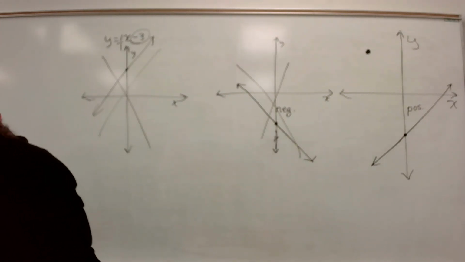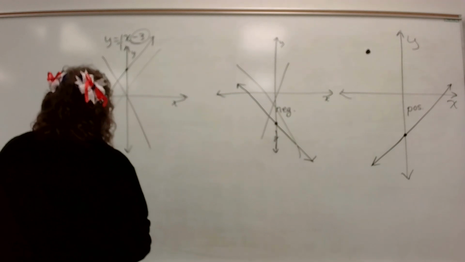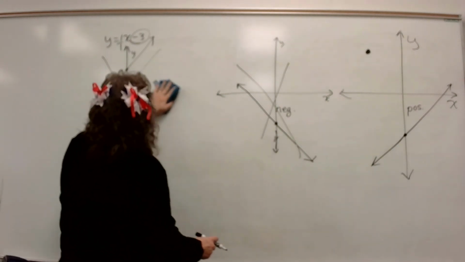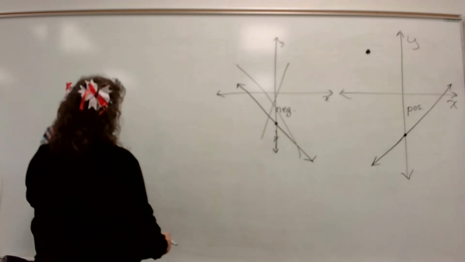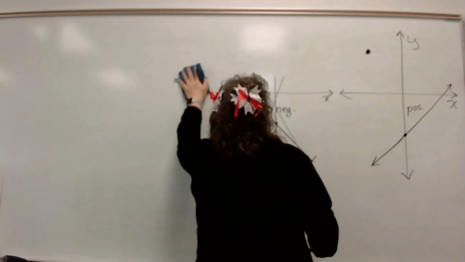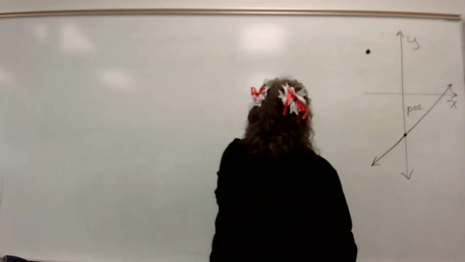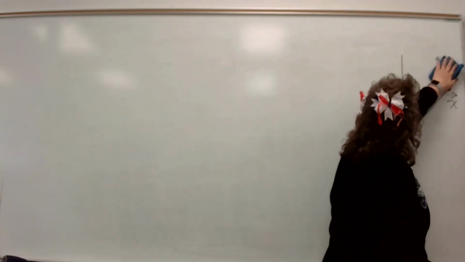The next thing we're going to look at is graphing a line from a point and a slope. Many of you have heard of graphing from a slope-intercept form equation, where you graph from your y-intercept and then use your slope to graph other points in order to get your line.